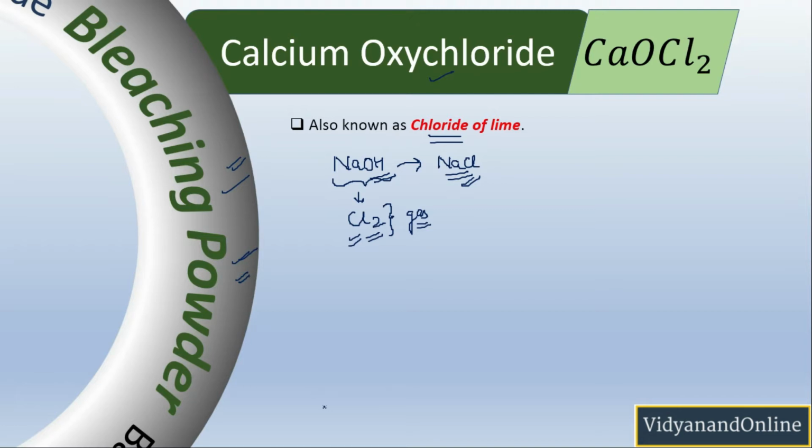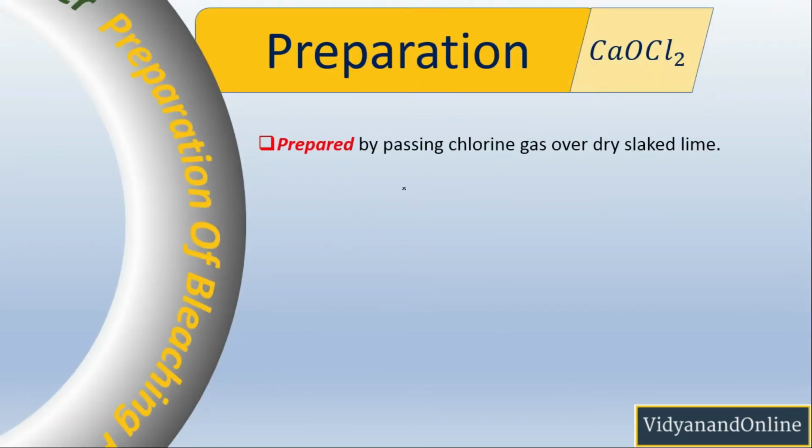Now let us see how we are going to prepare this bleaching powder. In order to prepare it, we are going to use dry slaked lime. I hope you remember what dry slaked lime is. Slaked lime is obtained from lime. This is not lemon, this is lime. The formula for lime is CaO, calcium oxide, which is also called quick lime. Why quick? Because it reacts very quickly with water to form slaked lime.